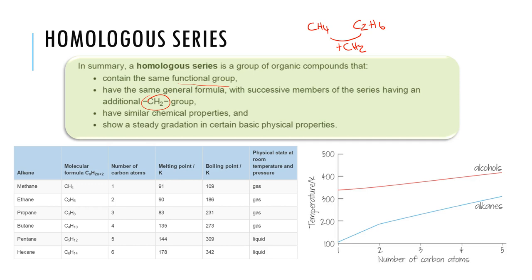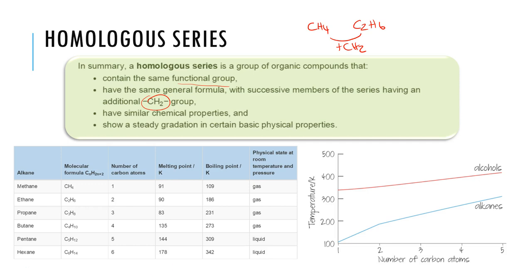Because they have all the same type of bonding, these are all single bonds to carbon, or if they've got that double bond, they have the same functional group, so they tend to have very similar chemical properties. Remembering that chemical properties are the way they react with other things. And then we see a general progression in their physical properties. So if we look at this graph here, we can see as the number of carbon atoms in our hydrocarbon increases, we see a steady increase in the temperature of the boiling point.